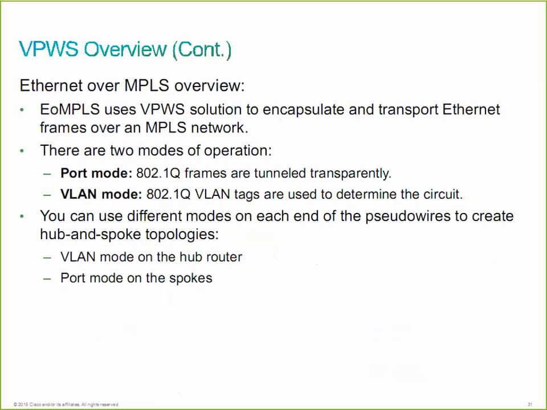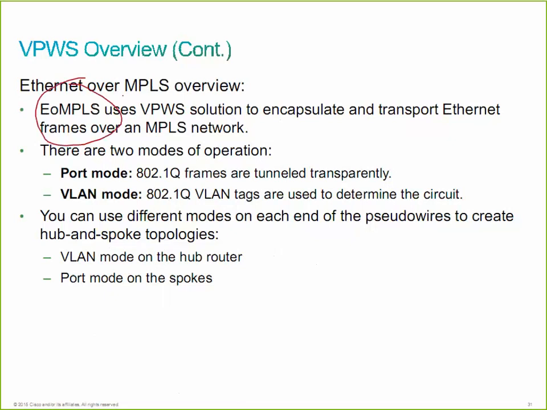We know that VPWS can carry Ethernet frames. Those frames get carried from the PE router on the right to the PE router on the left and vice versa. This is, well, not physically, but virtually a point-to-point connection between the PE routers. So we use a protocol called EOMPLS, which we see listed here.